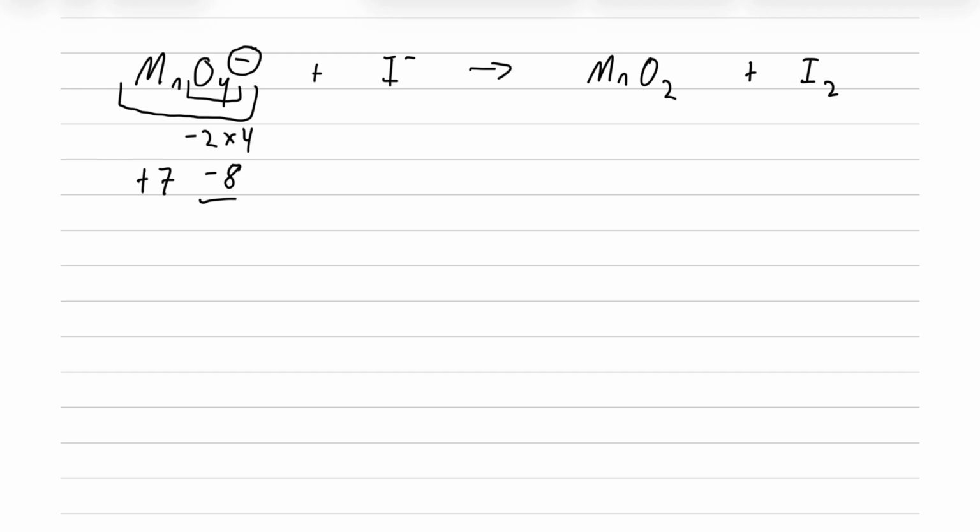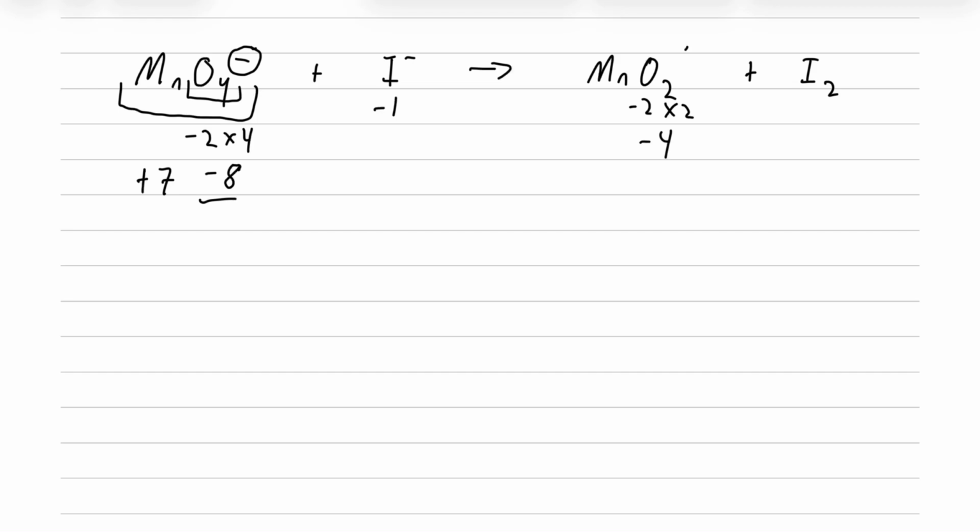Moving to the right, iodide, pretty easy, must be -1 because it's overall -1 and it's the only element there. On the product side, we have manganese dioxide. Oxygen here, again, -2 because it's not an exception. We multiply that by 2 for the 2 oxygens present. Overall, we have -4 from the oxygens.